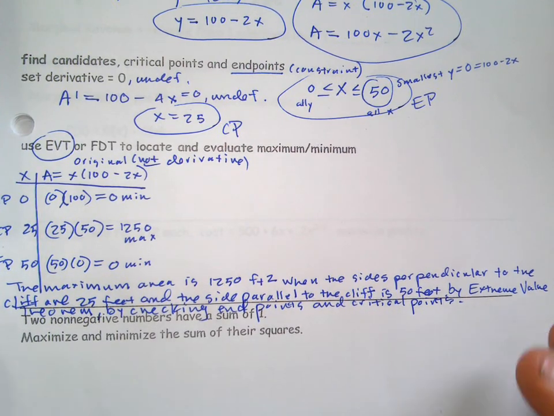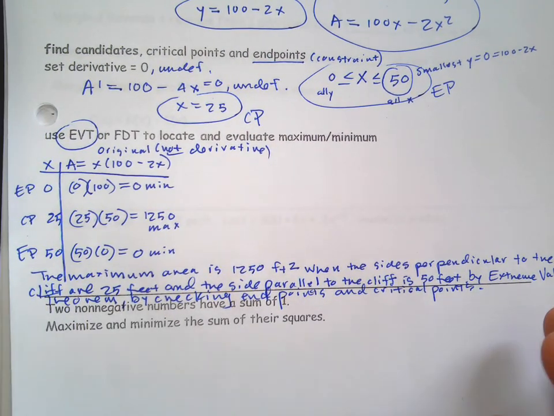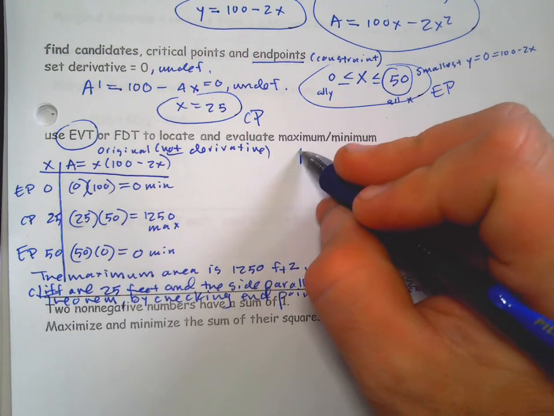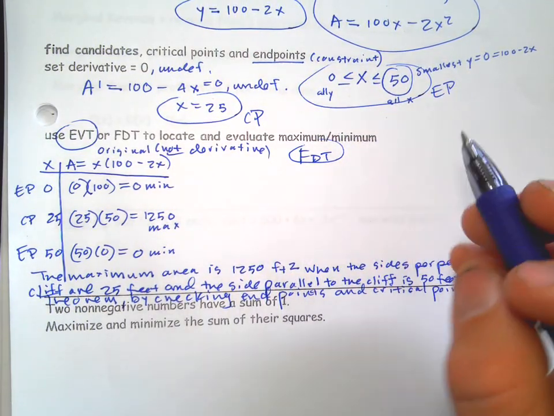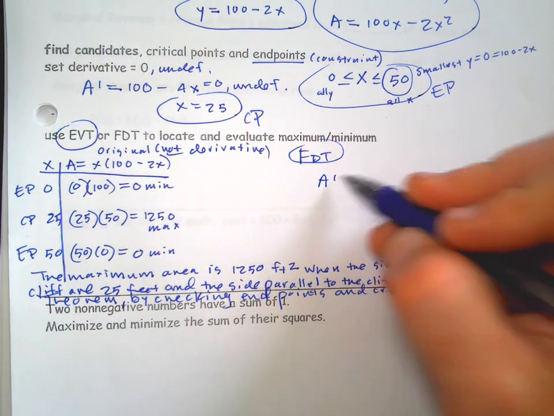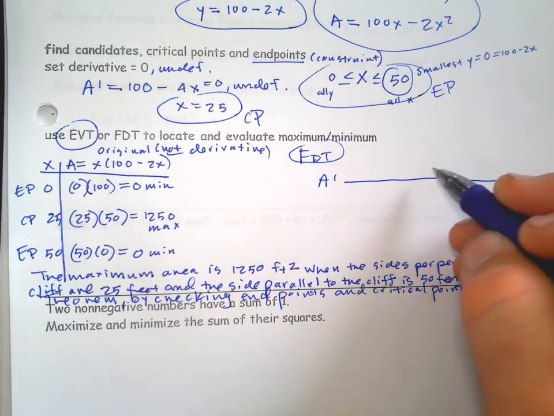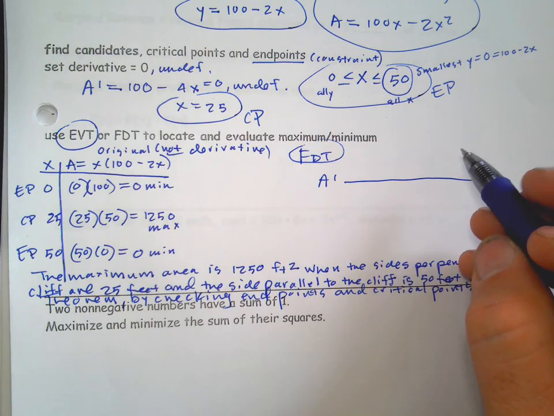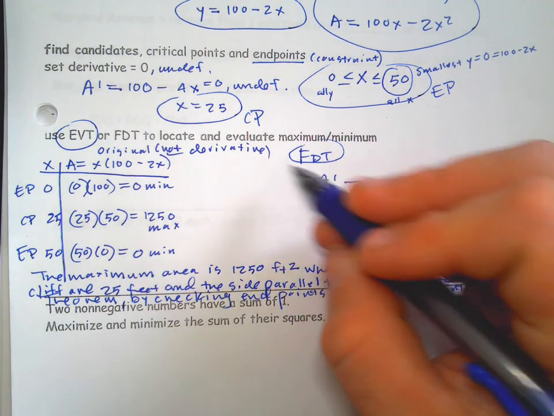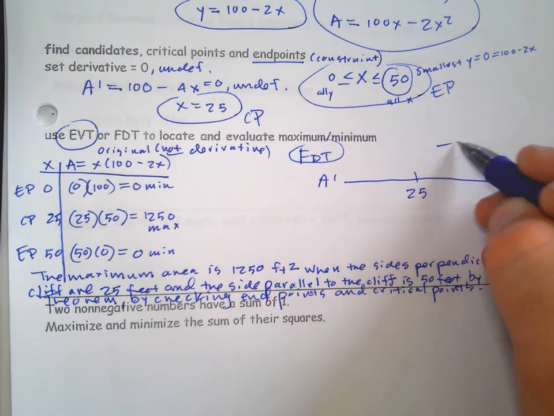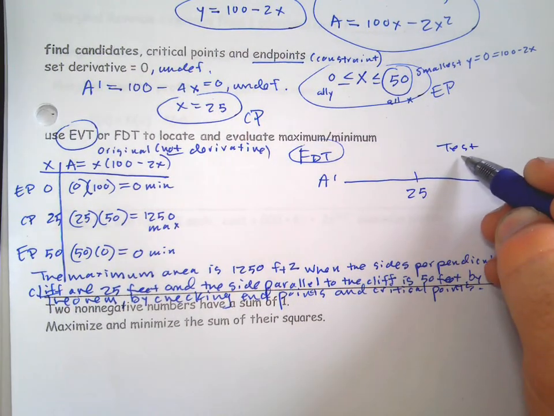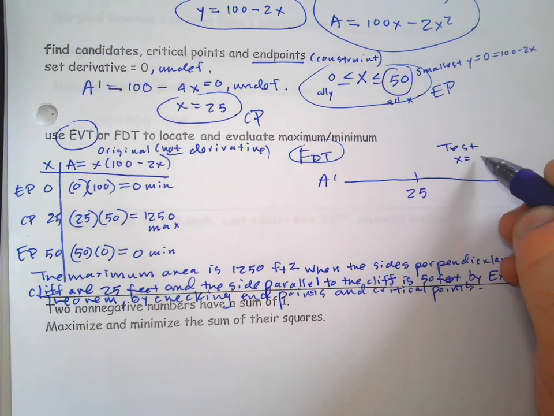Now, if for some reason we couldn't do extreme value theorem, we could try first derivative test. First derivative test is really only for relative maxes and mins, but in some cases it might shed light on absolute maxes and mins. So if we put this on here, we would still find the critical point, and then we would test a value, say x equals 0.